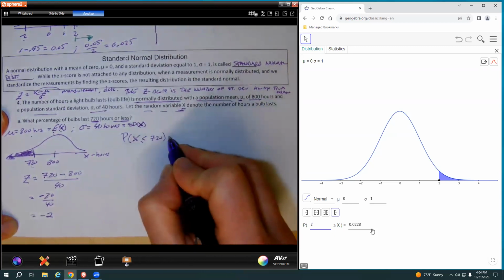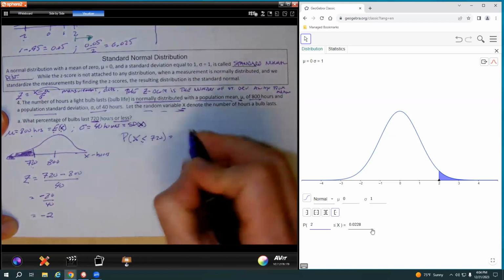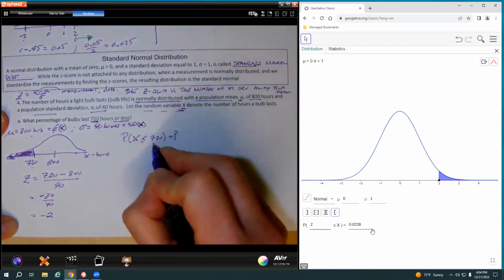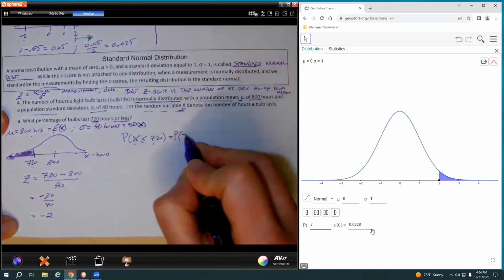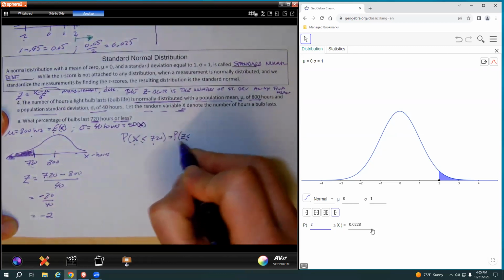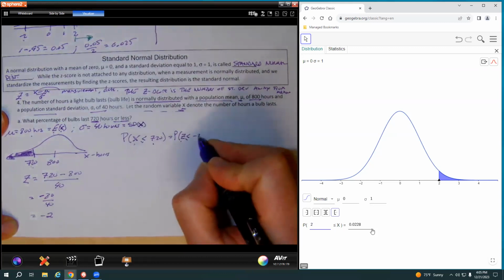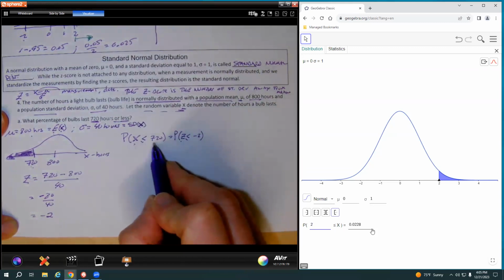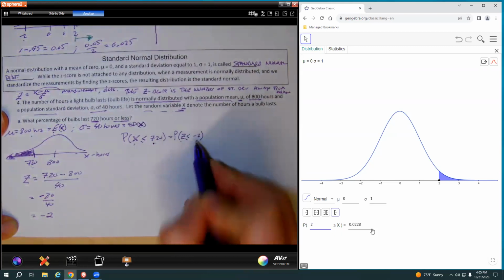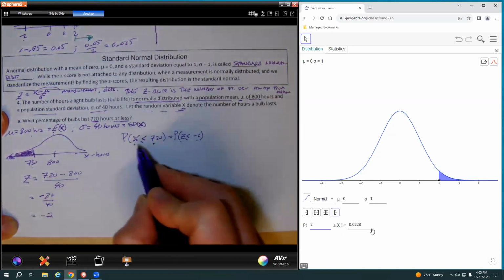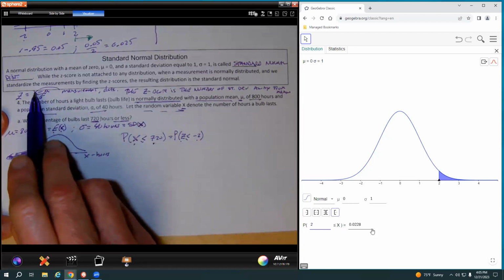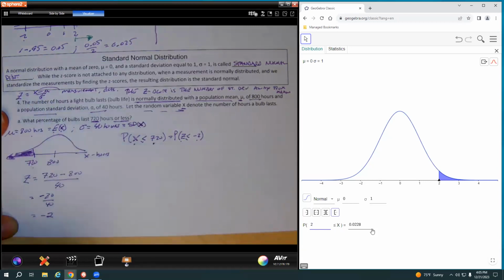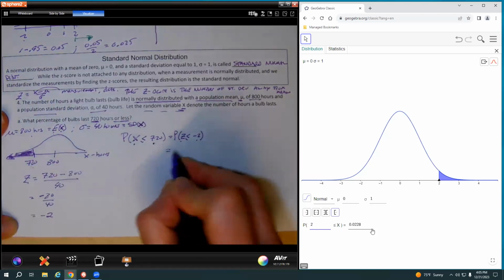And I'm going to come over here and write it as the same thing. So notice the measurement is in hours. Now I'm going to turn this into a z-score. So I need to enter its equivalent z-score. So 720 as a z-score is negative 2. So again, I'm using this to go from the measurement to a z-score.